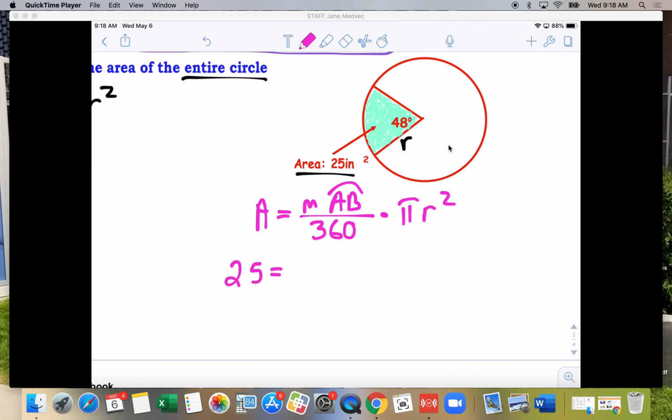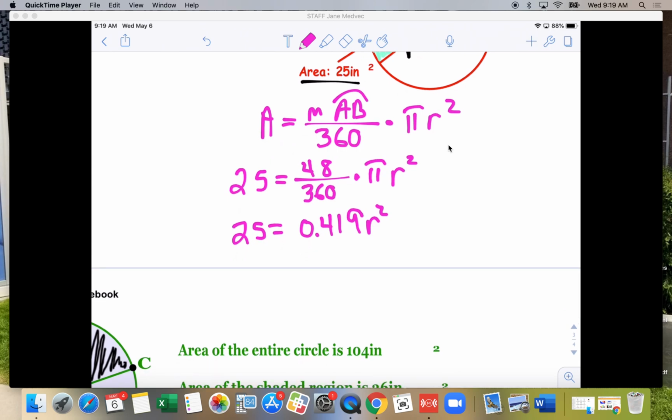The measure of the arc AB is 48 over 360 times pi and then r squared. So I'm going to multiply this through. So 25 equals 0.419 r squared. So I took 48 divided by 360, multiplied it by pi.